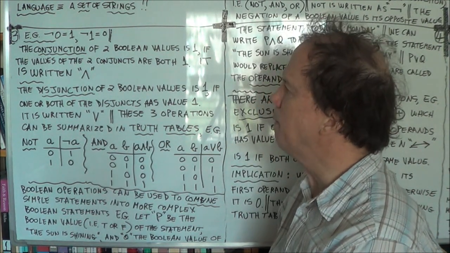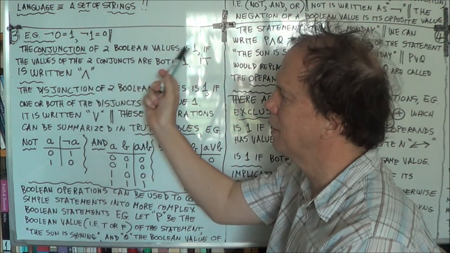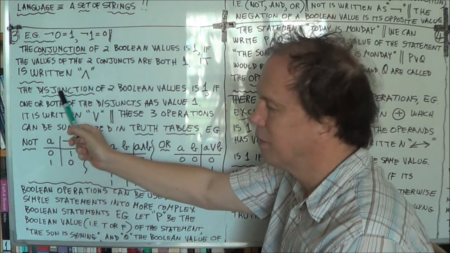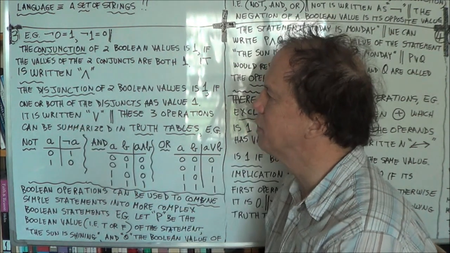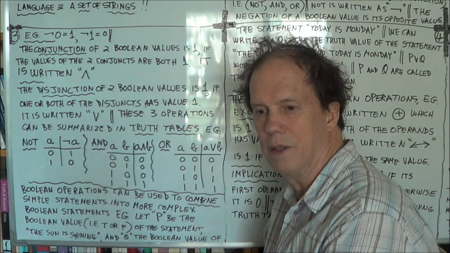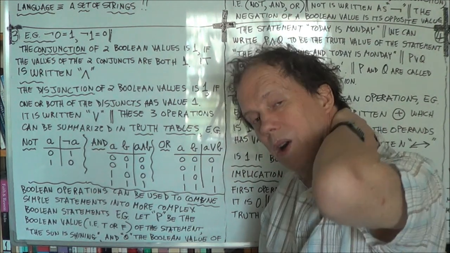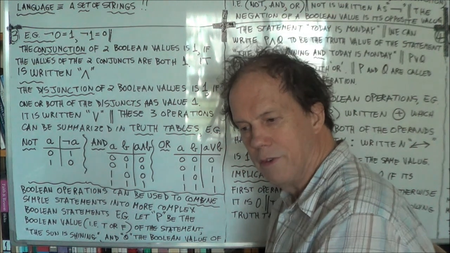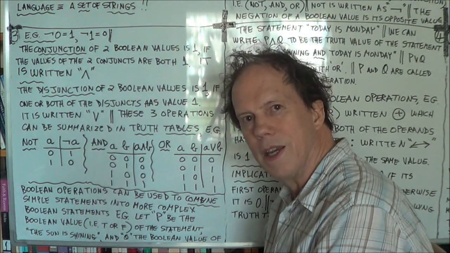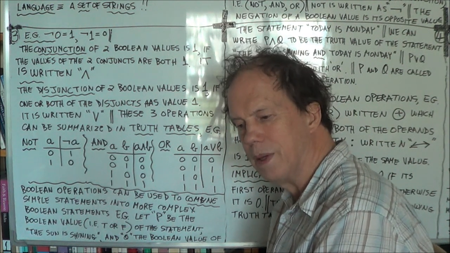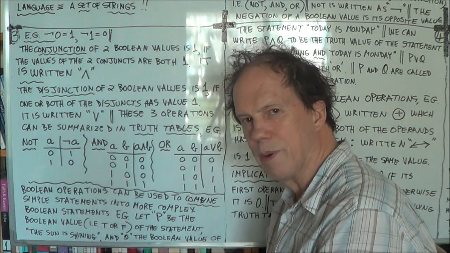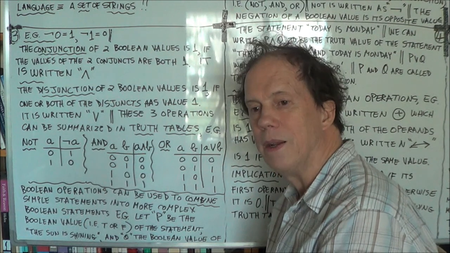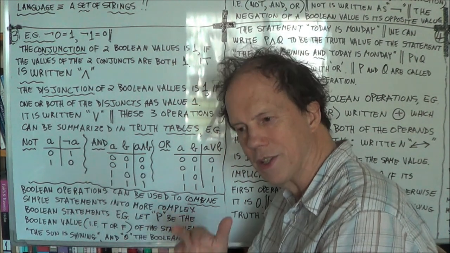Alright, now similarly, the stuff I'm saying here for conjunction, that's anding. You have a similar corresponding definition for disjunction. Disjunction, that's the long-winded way of just saying or, right? And again, if you have two Boolean variables, let's say x and y, then you can combine them into a new expression, x or y. Now, what's the value of that combined expression, x or y?